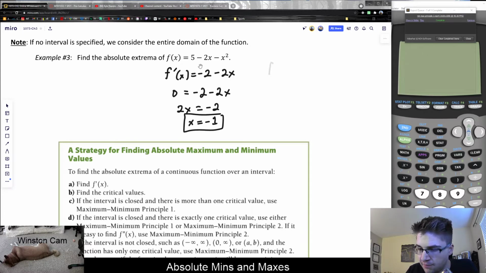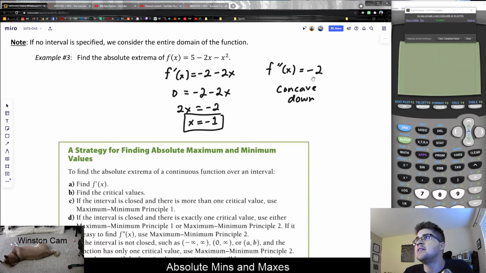So if we look for f double prime of x, that's just going to be, well, derivative of negative 2 is 0. Derivative of negative 2x is just negative 2. This curve is always concave down because it's always negative, and it doesn't matter what x is. And if you remember parabolas, they could either be downward facing or upward facing, and it depends on what the coefficient is on the x squared term.